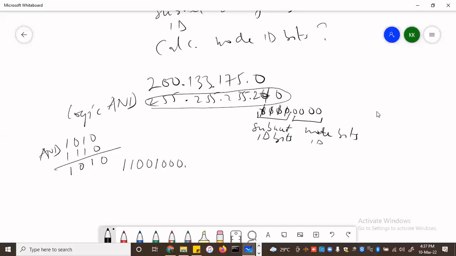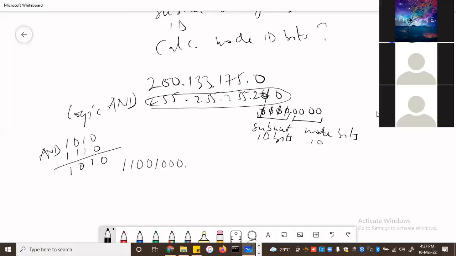Dot. Now what about 133? Since 128 is smaller than 133, the first bit will also be 1, but the second bit cannot be 1 because 64 is bigger than the rest of the value. So you take 133 minus 128. What do you have? You have 5, so you actually need 5 more.